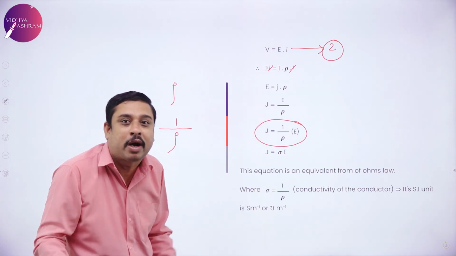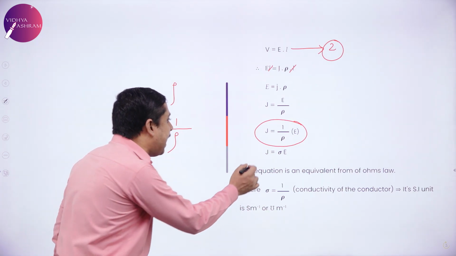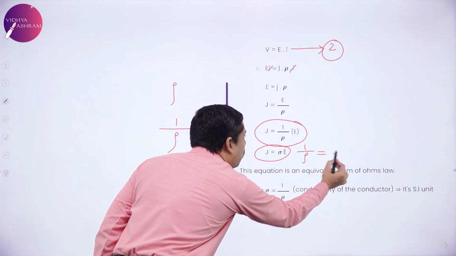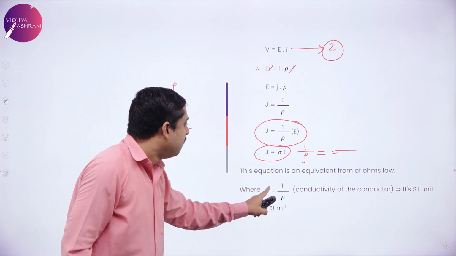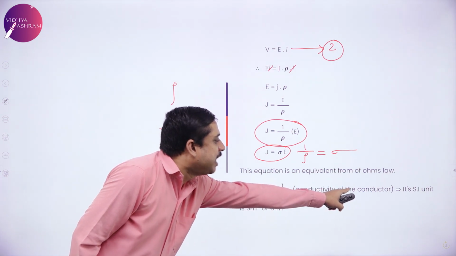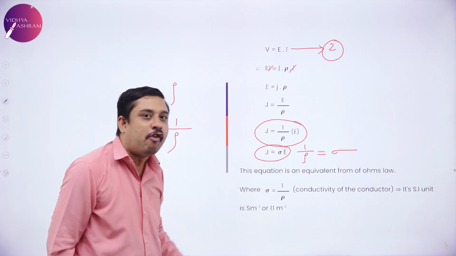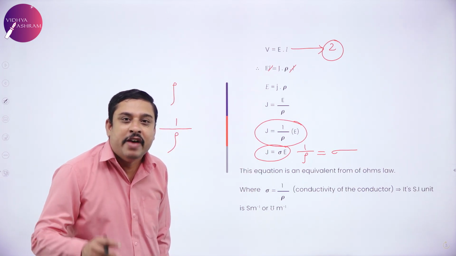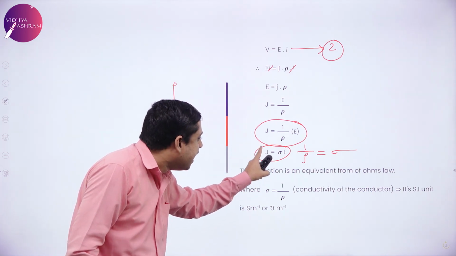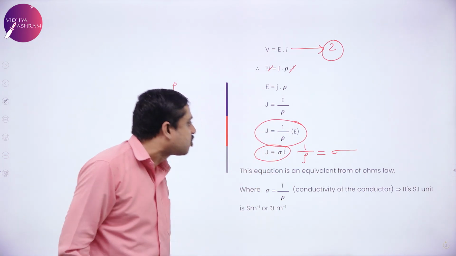What is 1 by rho? The reciprocal of resistivity. And what was that called? Conductivity. So I say this 1 by rho is equal to sigma, where sigma is called the conductivity of the conductor. And this is the alternative form of Ohm's law, where I am representing current density J in terms of conductivity and electric field strength.